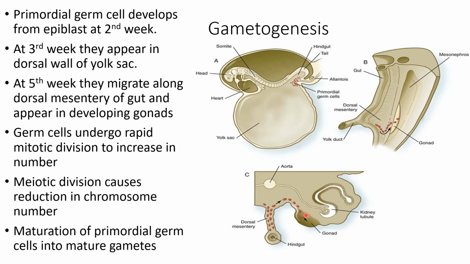Thus, we can say that the process of maturation of primordial germ cell into mature gametes is known as gametogenesis. In case of males, it is known as spermatogenesis, and in case of females, it is known as oogenesis.